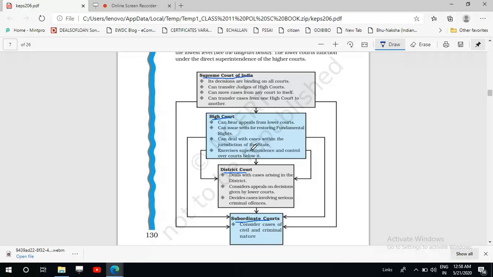Okay, you have studied under the chapter on fundamental rights that the sixth important fundamental right of the people of India is the right to constitutional remedy, and under this right, all people have the right to go to the Supreme Court or the High Court directly if there is a violation of the fundamental rights of the people.